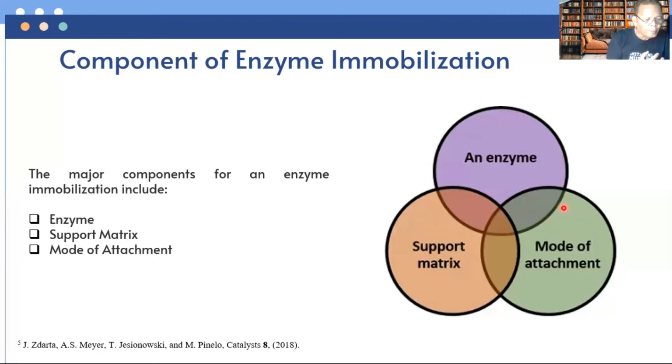The different modes of attachment between the enzyme and support matrix are explained below in the methods of enzyme immobilization. In general, they involve physical and chemical methods for the immobilization of the enzyme.